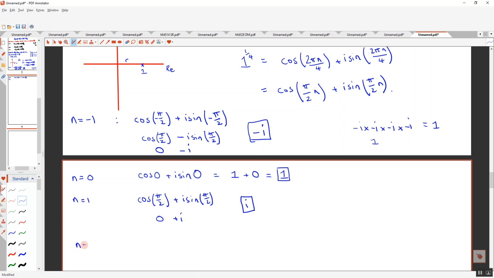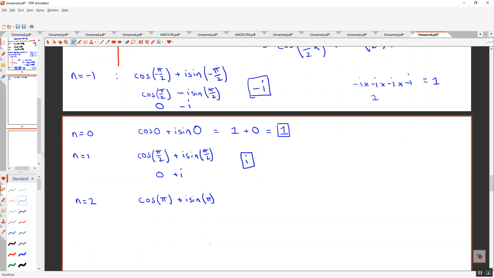And then when n equals 2, I get cos of pi. Cos of 180 degrees is -1, right?